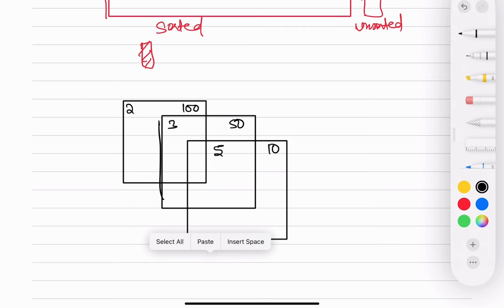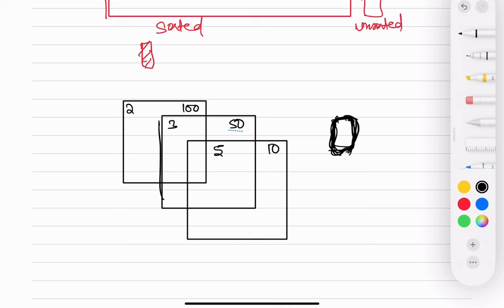They are kept on each other, 100, then 50, 50, 50, and then 10, 10, 10, like this, right? Now you have already sorted them or kept them in a sequence, according to their denominations.